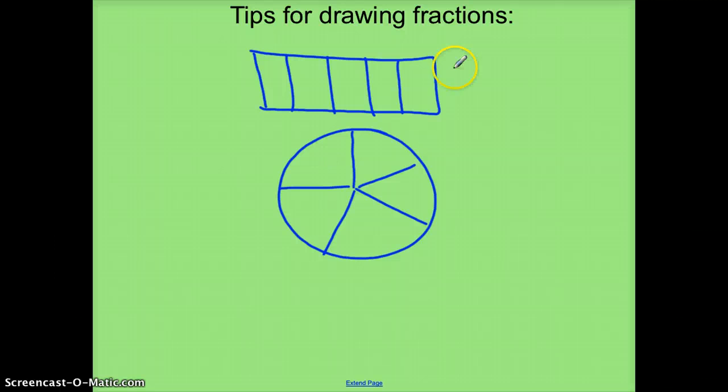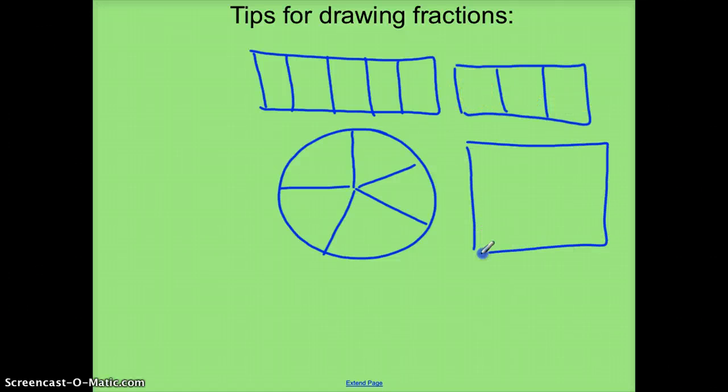Same thing here. If I have something and I'm trying to divide it into thirds, you've got to be careful about the way you do it. I'm going to keep my lines pretty much only going up and down or maybe horizontally. What you don't want to do is something like this, because even though this works for a circle, it's not going to work for a square, because this section here is now much larger than this section here.